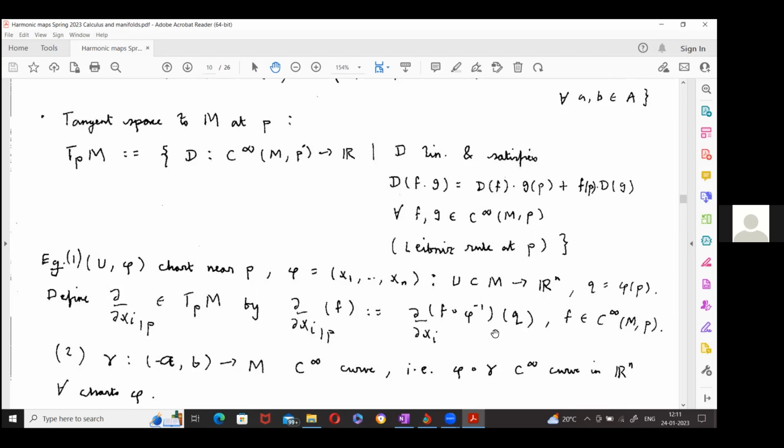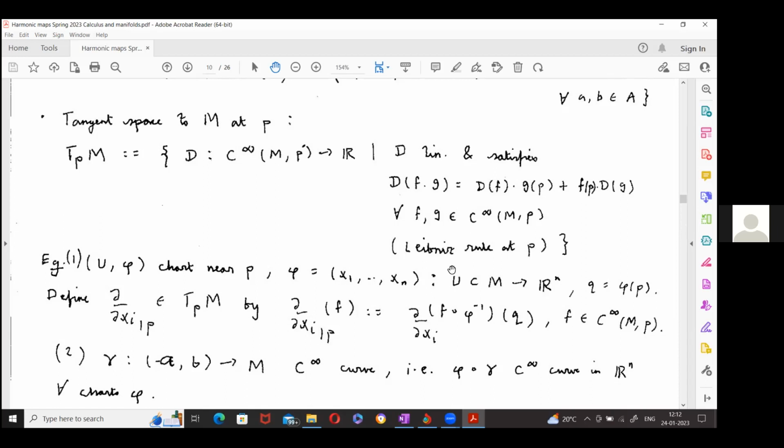Then I can take its ith partial derivative, del/del xi of f composed with phi inverse, and look at the value of this at q. Then it's easy to see by the one variable Leibniz rule that this del/del xi is going to satisfy the Leibniz rule at P. Is that clear? Yes.